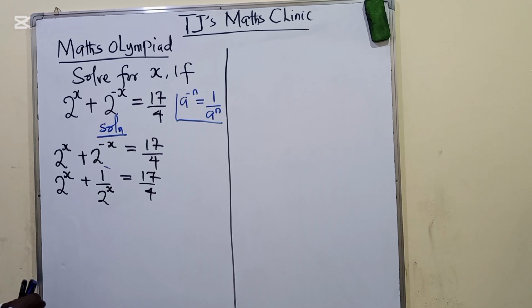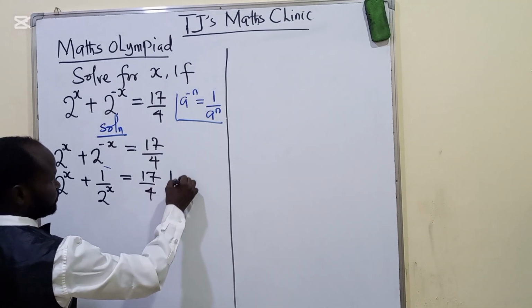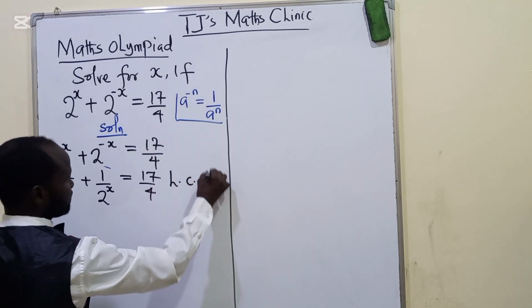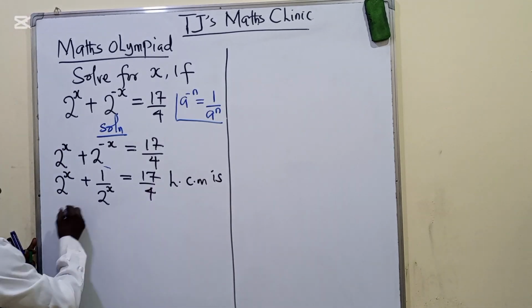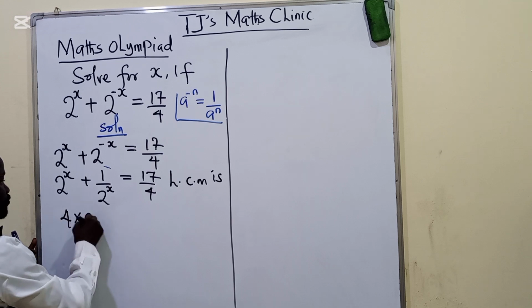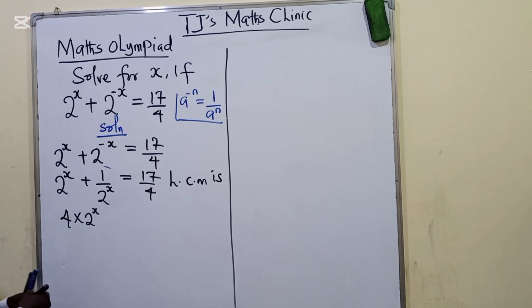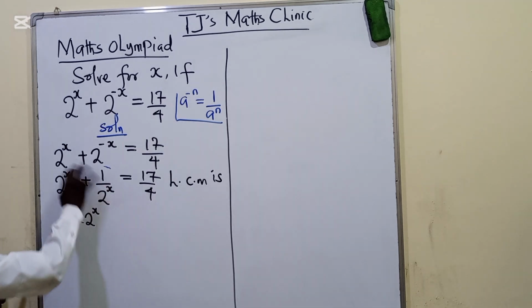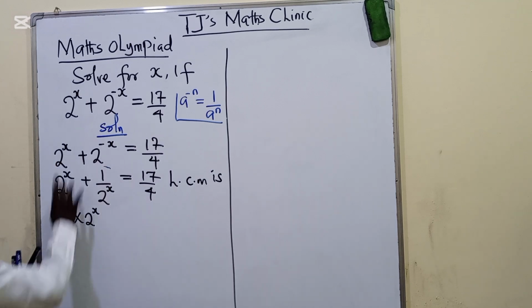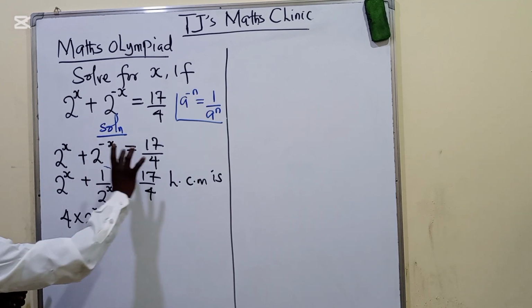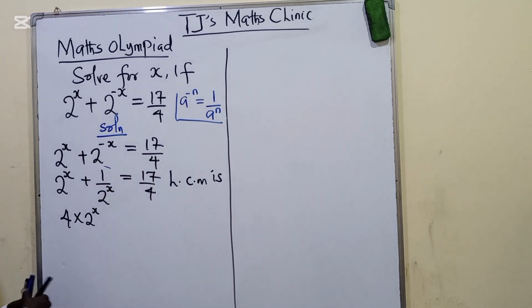The next thing to do is to find the LCM of the denominators. The LCM is 4 times 2 power x. So we use this LCM to multiply each term here, respectively.